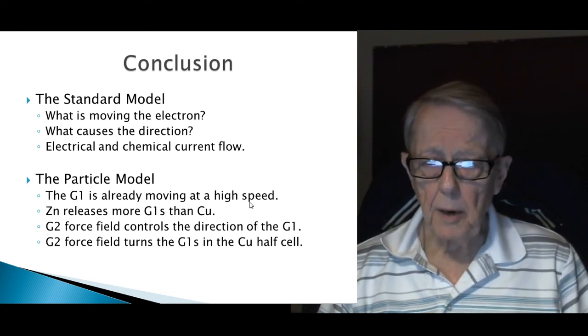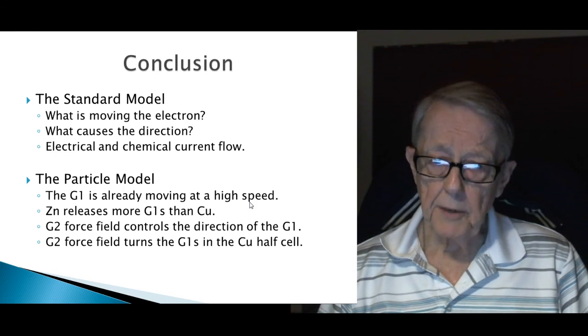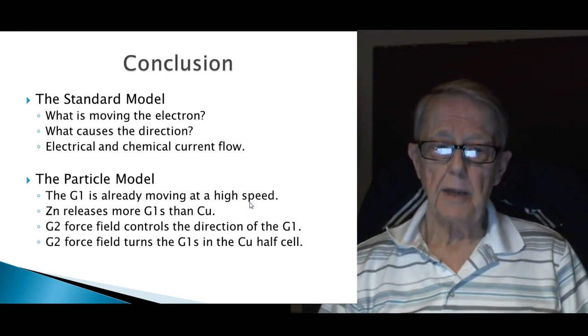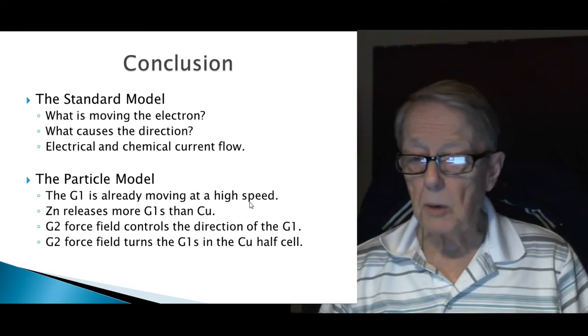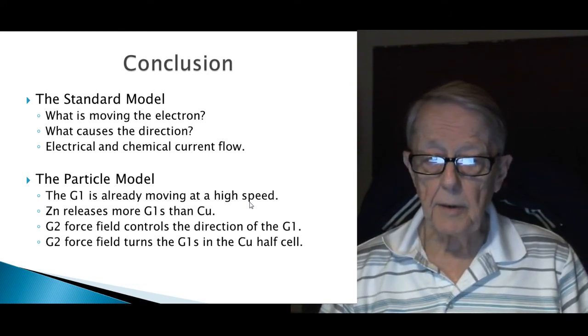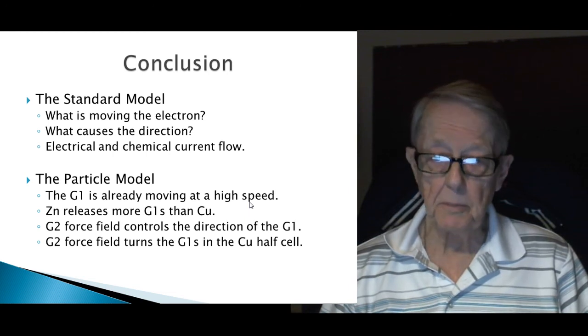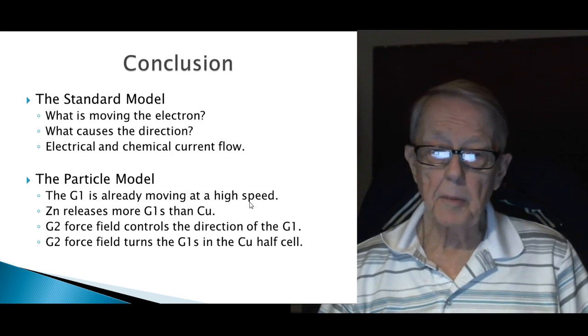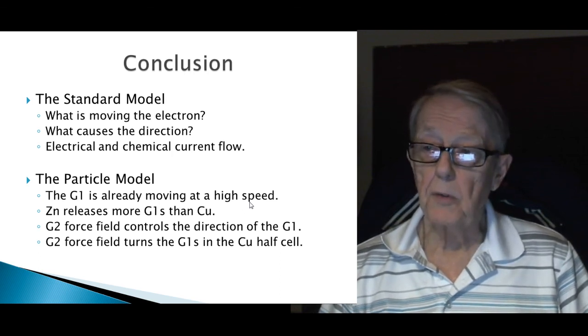The particle model, however, maintains the G1 is already moving at high speed. The zinc terminal releases more G1s, and the copper terminal accepts them. The G2 force field is the only thing that can control the direction.